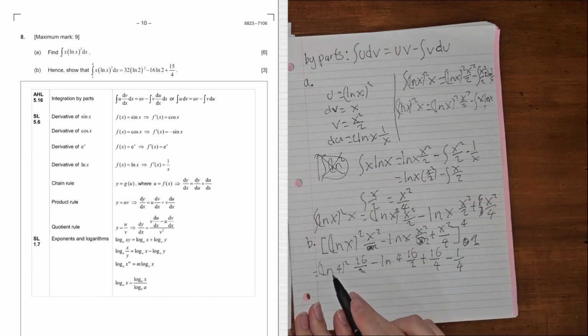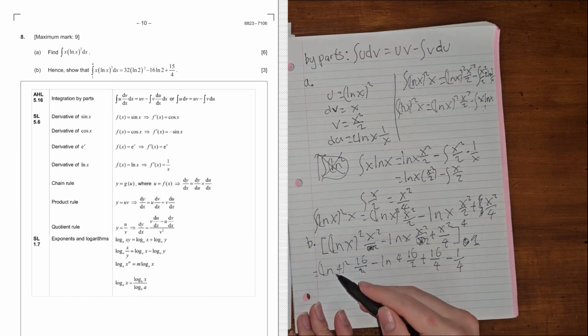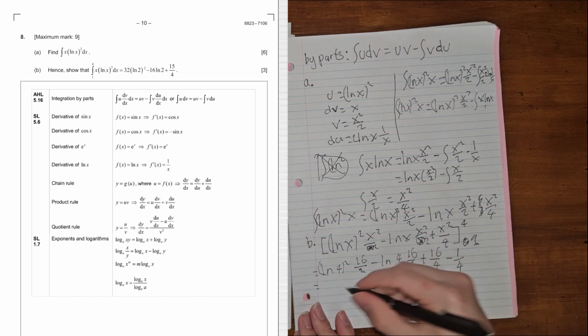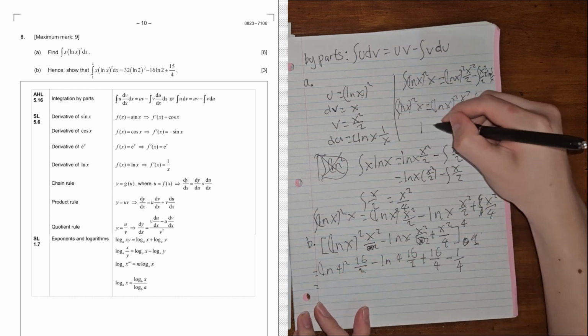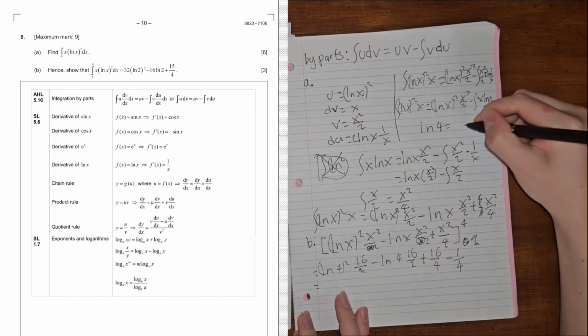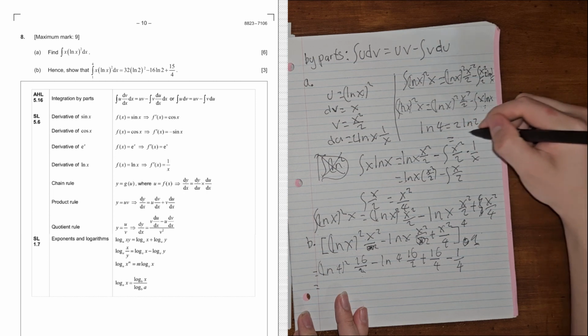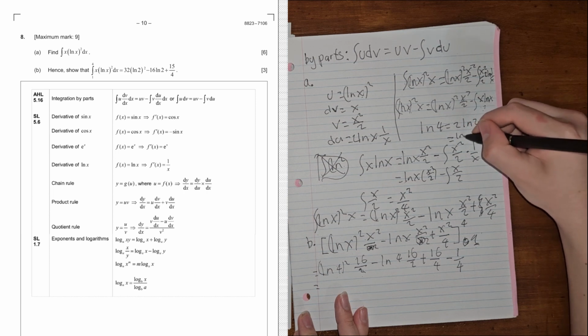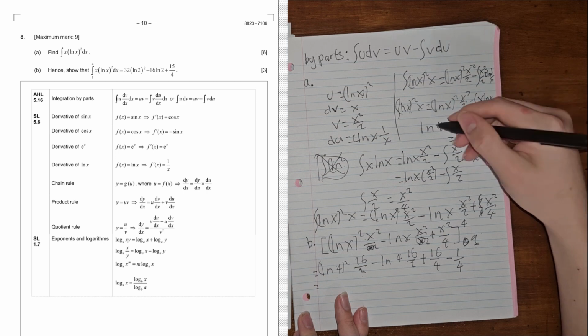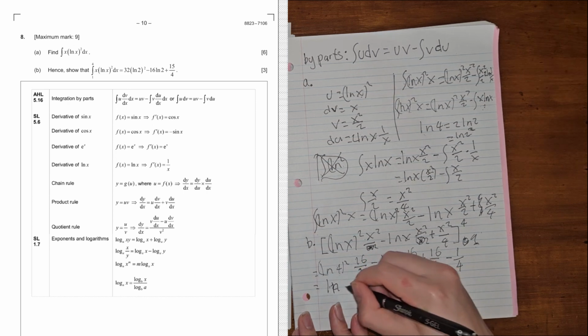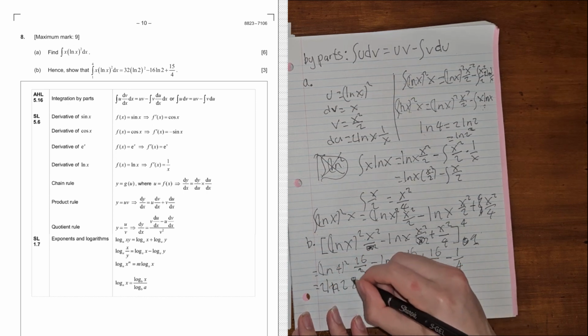So now we have to know the rule where if you rewrite 4 as 2 squared, you can remove the exponent and bring it to the front of the logarithm as a multiplier. So ln 4 is equal to 2 ln 2.